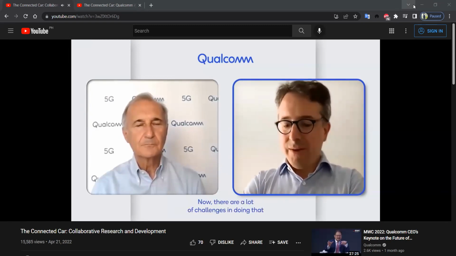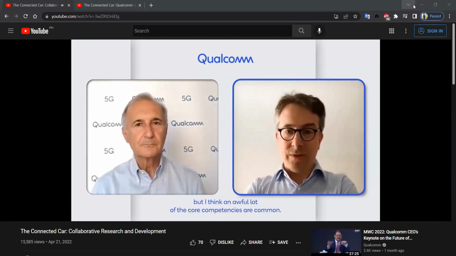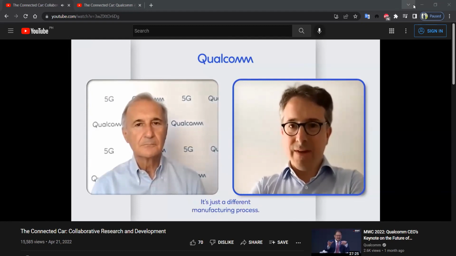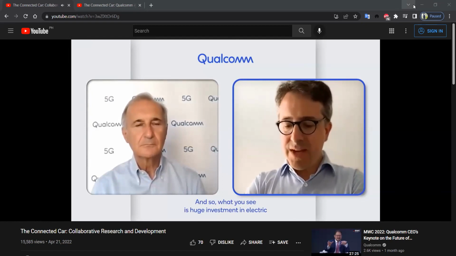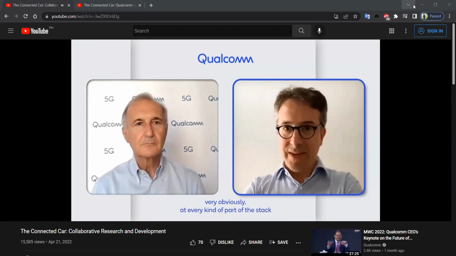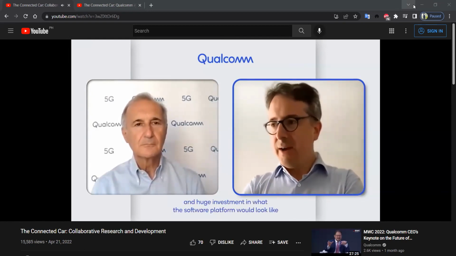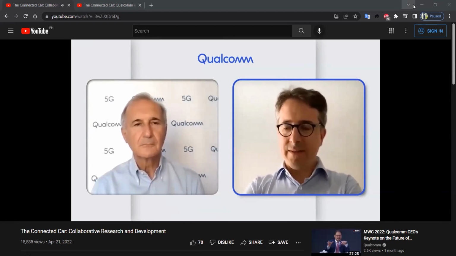There are a lot of challenges, but an awful lot of the core competencies are common. It's just a different manufacturing process. So you see huge investment in electric at every part of the stack, but also huge investment in autonomy, and in what the software platform would look like on top of all of that.